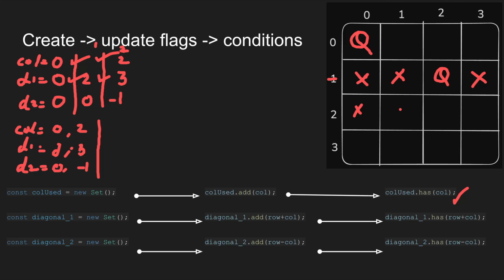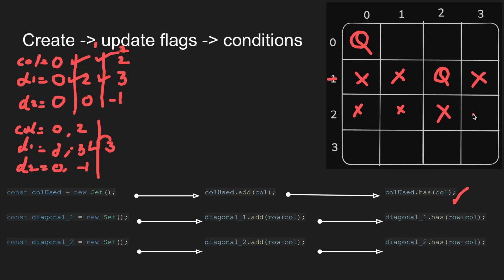Here if we see the D1, that is diagonal 1, row plus column, that is 2 plus 1, 3, so it has 3. We cannot put here also. Then we check with this position, that is column 2, it has column 2, we cannot put here as well.